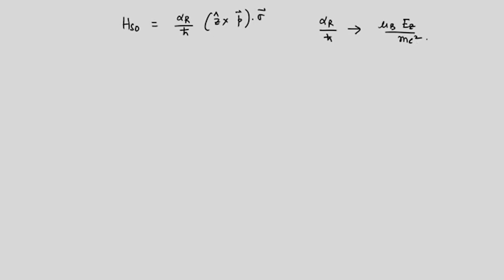So, the spin orbit coupling takes this form, where z cap is the unit vector in the z direction, which is perpendicular to the 2D plane, and this is crossed with the momentum and dotted with the electronic spin. So, here make no mistake that we are really talking about spin by sigma.